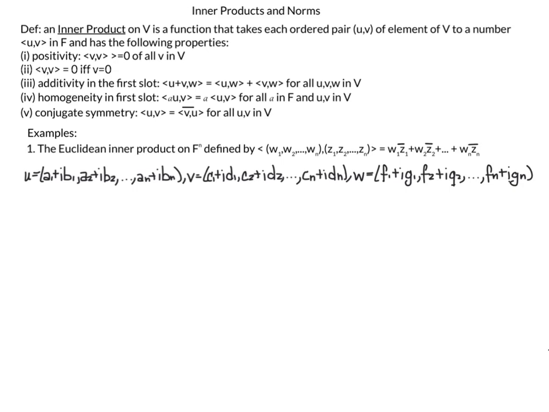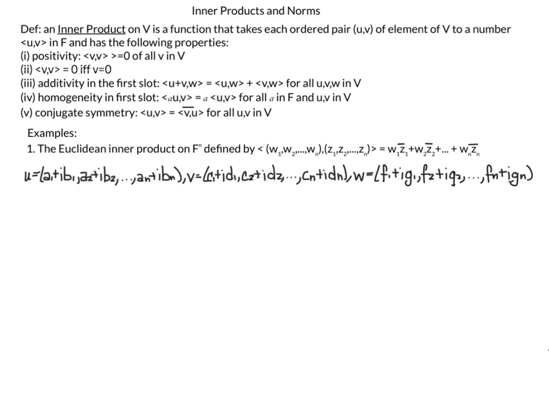For my proofs, I'm going to take three vectors u, v, and w, and allow them to have complex components. So u I'm going to write as a1 plus ib1, its second coordinate will be a2 plus ib2, up to its nth coordinate, an plus ibn. My vector v, I'm going to designate with c1 plus id1, c2 plus id2, up to cn plus idn.